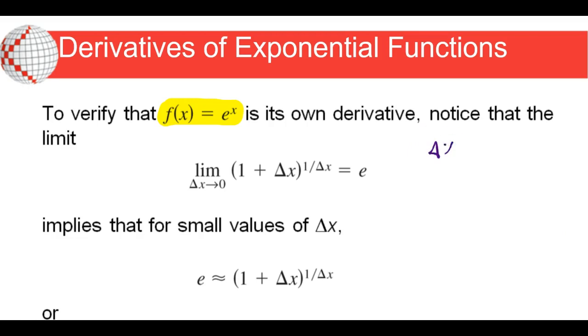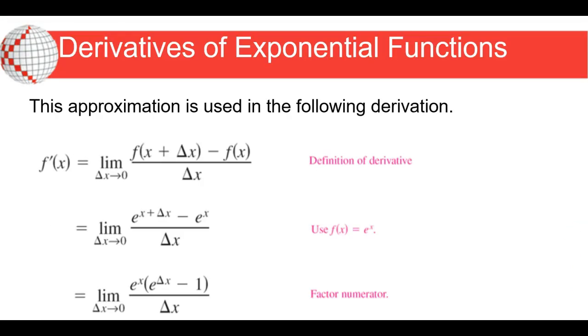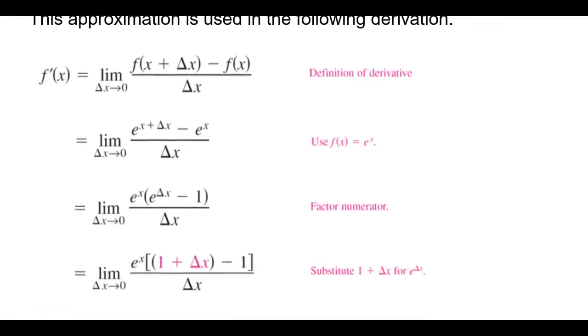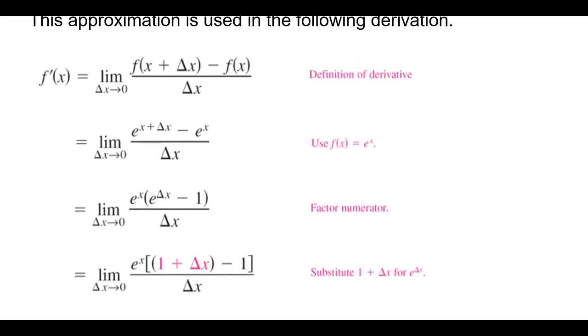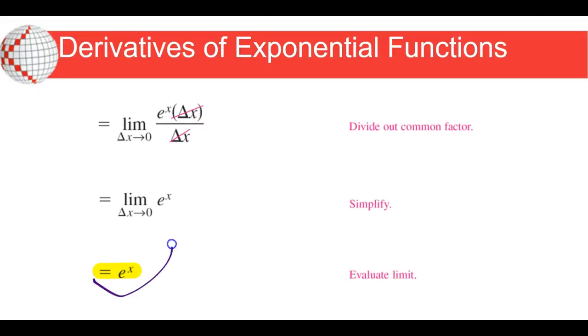Remember, we've let delta x equal h to simplify things. If you're interested in this proof, you can pause the video and look at it. But the point is, after all of this, you get e to the x. So if you just remember that the derivative of e to the x is e to the x, we're good.